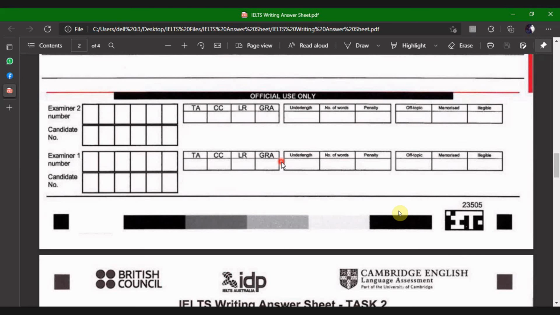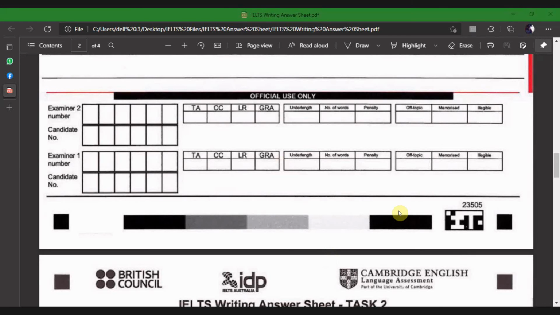Task 2 will be called task response. It's almost the same. The only difference here is the word count and some minor changes. They're identical. So we're going to talk about that.